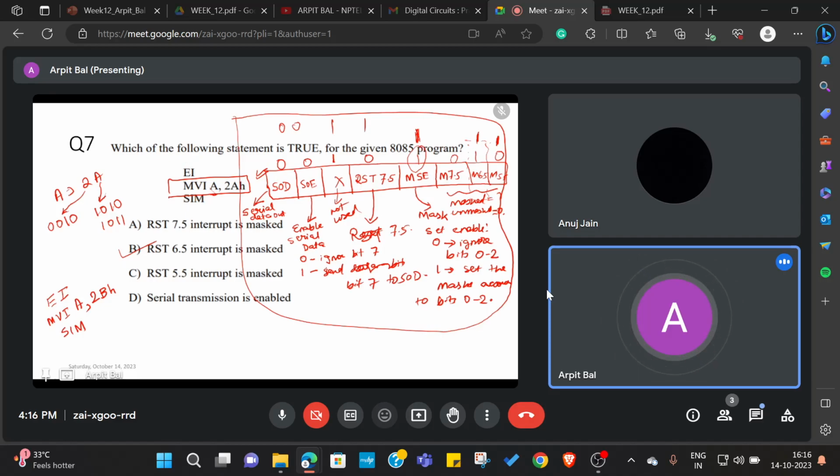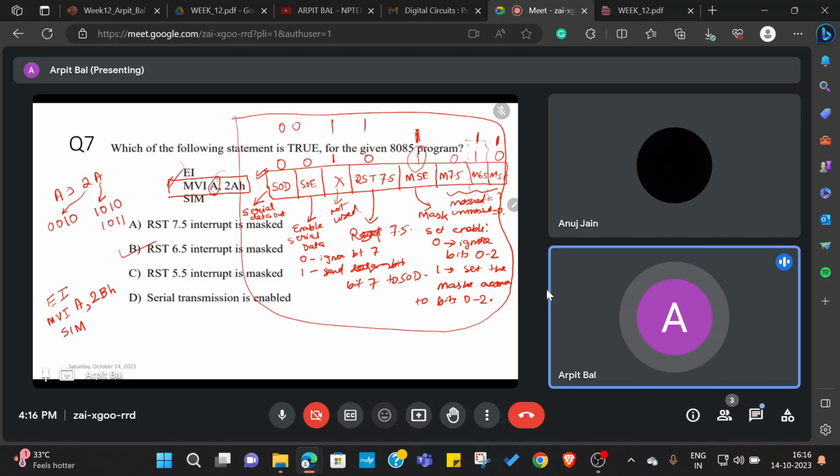The next question was related to the set interrupt mask option. Set interrupt mask, what it does is, whatever is present in the accumulator, based on those values, it sets the interrupt mask. So the first thing we do is we see what value is present in the accumulator.